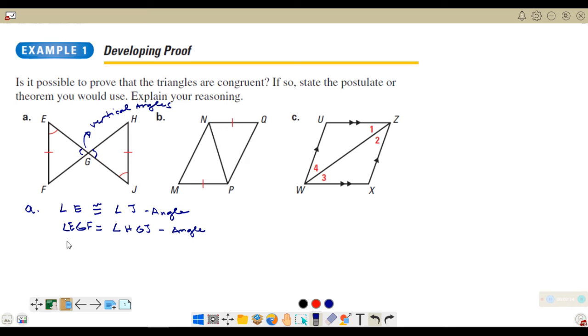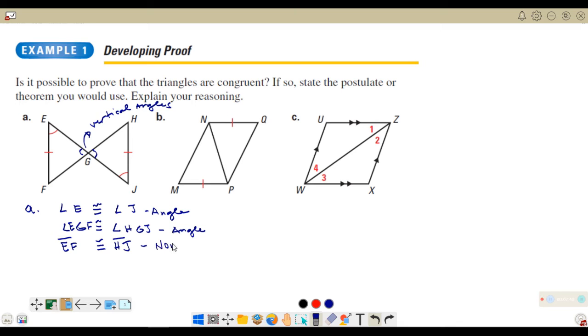Next, a side. Non-included side, we have EF is congruent to HJ.